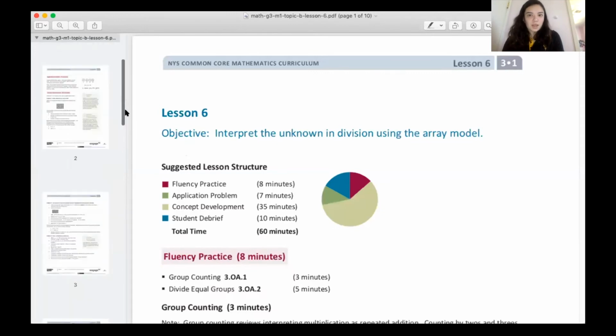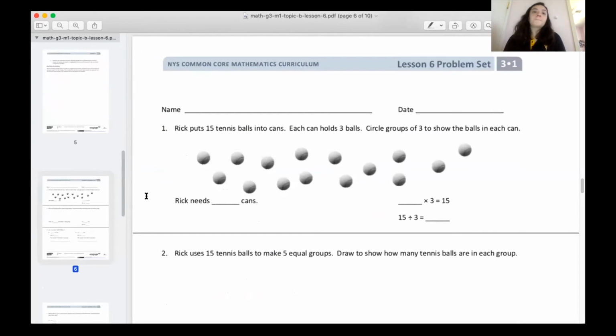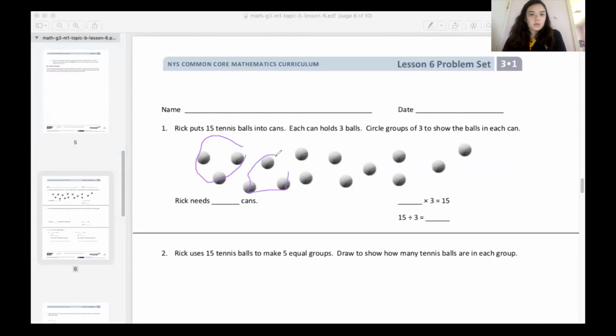All right, let's take a look at the problem set. So Rick puts 15 tennis balls into cans. Each can holds 3 balls. Circle groups of 3 to show the balls in each can. So that one's pretty simple. We're just going to circle. So 3, 3, 3, 3, and 3.